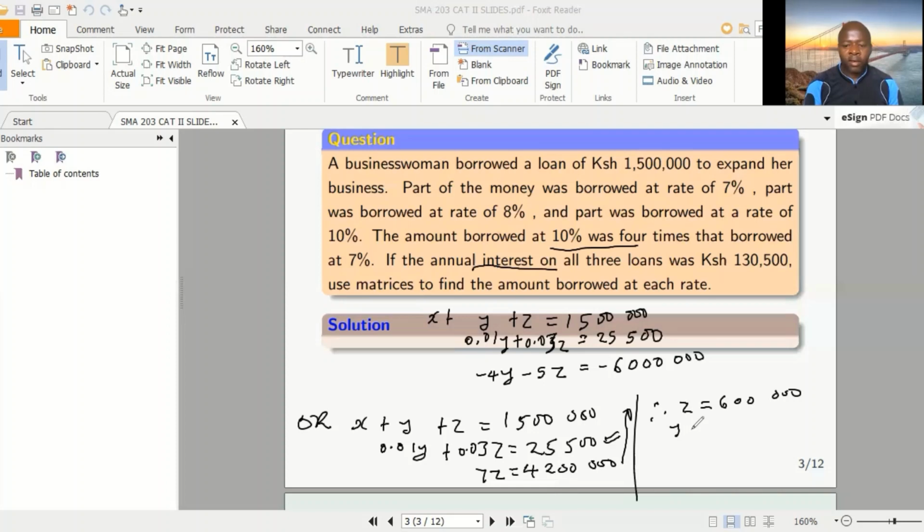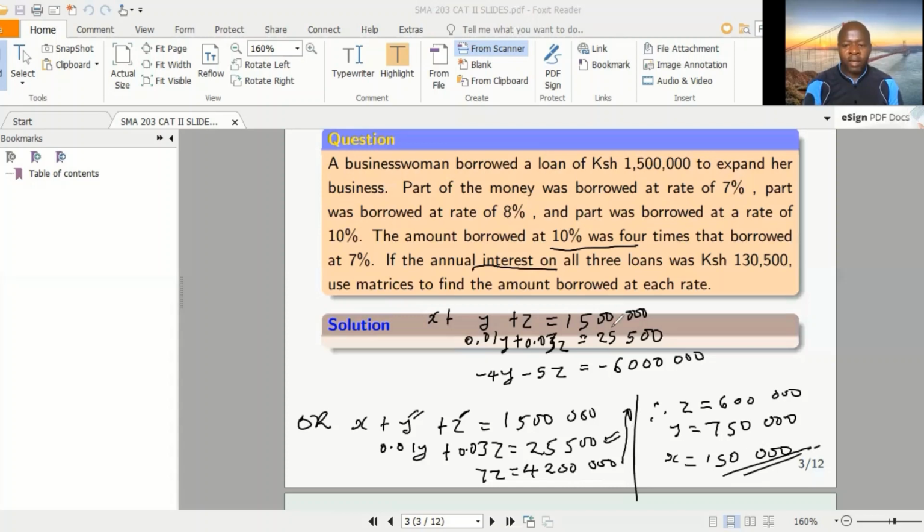So you find that y will then be 750,000. Now move to the first equation, substitute y as 750,000, and z as 600,000, and then you make x the subject, and x will be 150,000. And that's what the question wanted.